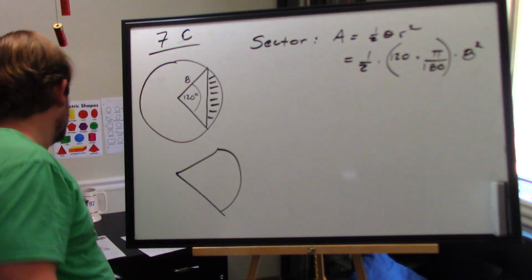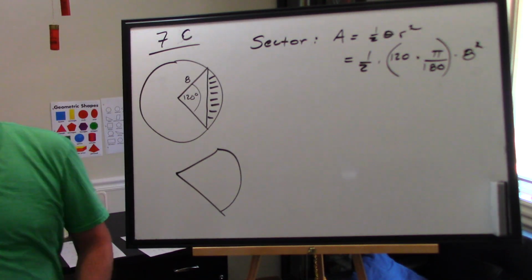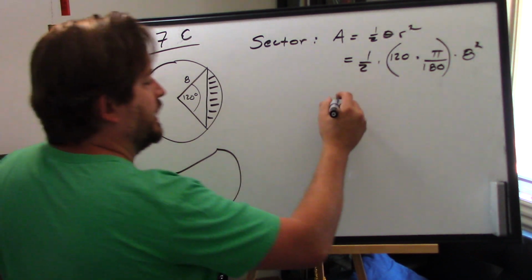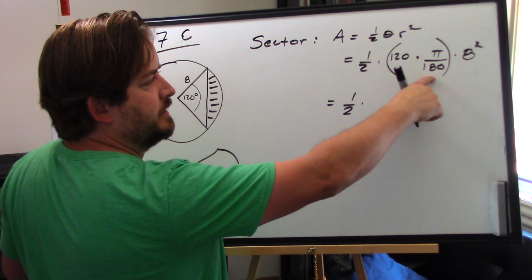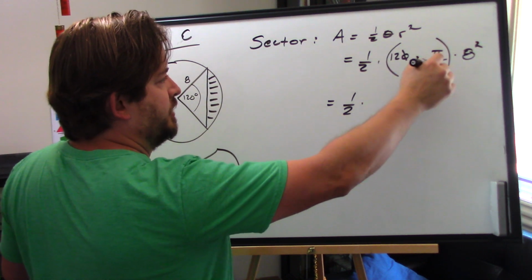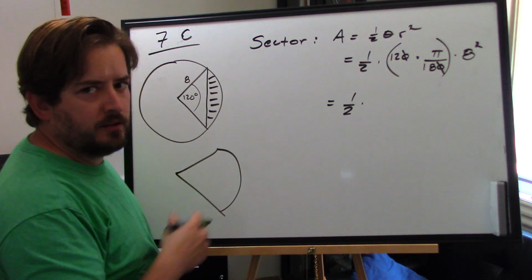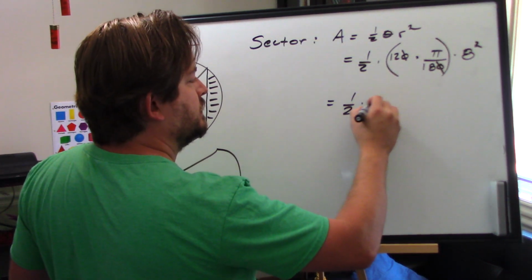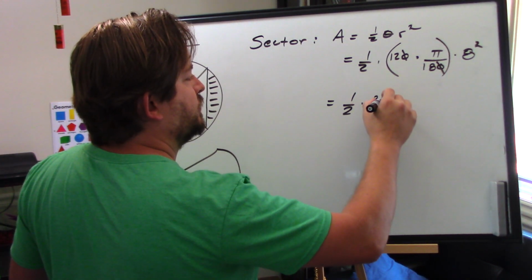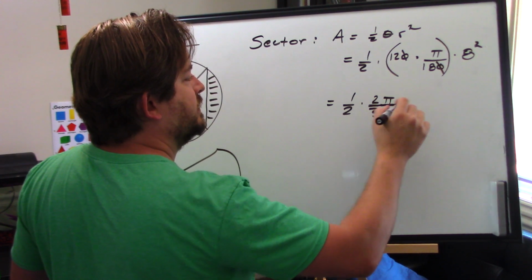So I'll just simplify stuff here. I have 1/2. 120 and 180, if you just divide them by 10, that gives you 12 over 18. Both of those are divisible by 6, giving you 2 over 3. Plus the pi, don't forget that, so I have 2 pi over 3 here.